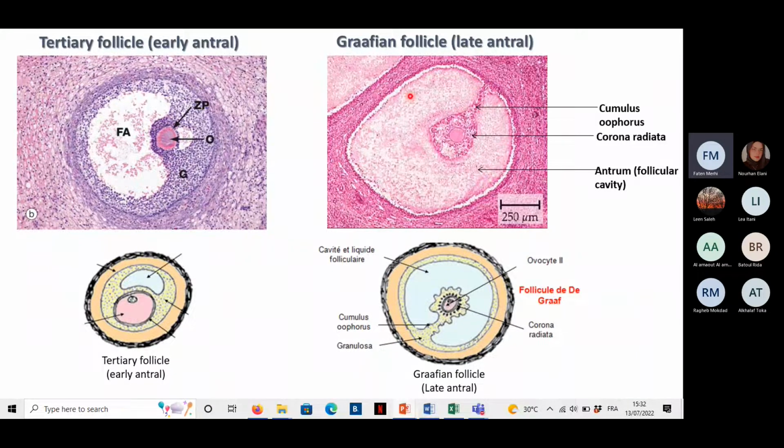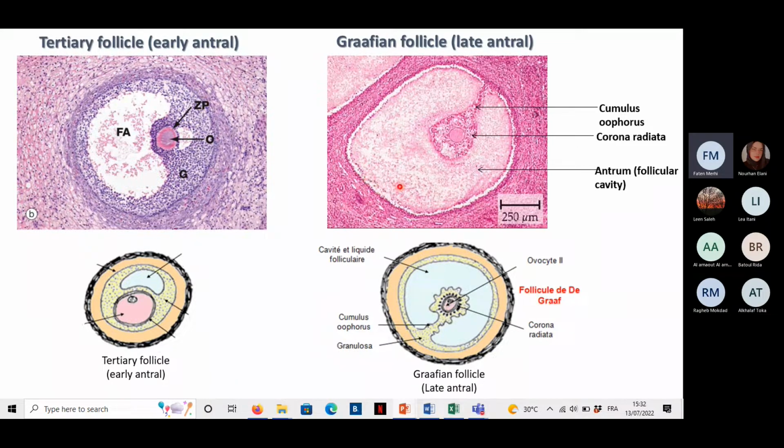So the increase in the size of this antrum will lead to one layer of granulosa cells adjacent to the basement membrane, but the other cells will die, and one layer of granulosa cells will be kept. And this layer of granulosa cells is called the mural granulosa layer.